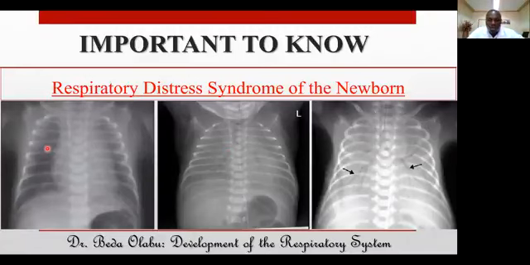The baby has been born prematurely, so the surfactant is not adequate, because surfactant production begins from the canalicular stage, maybe from the terminal sac stage onwards. If they don't have enough surfactant, the lungs cannot fully expand, and that is why there is respiratory distress.